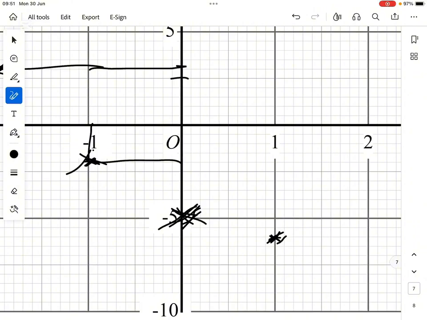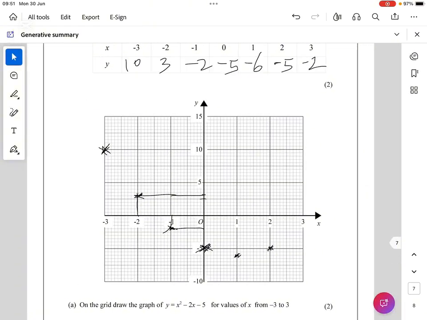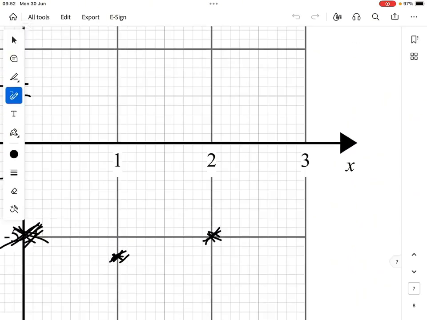And then when x is 2, y is still minus 5, which is this point. And when x is 3, y is minus 2. And that is here.